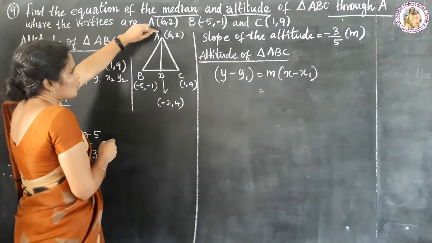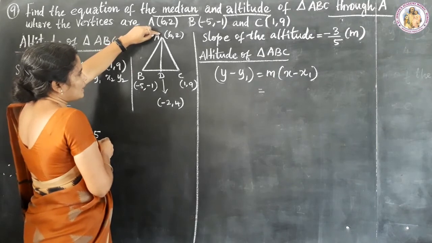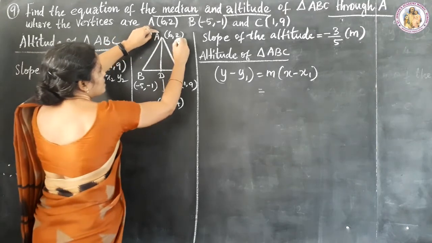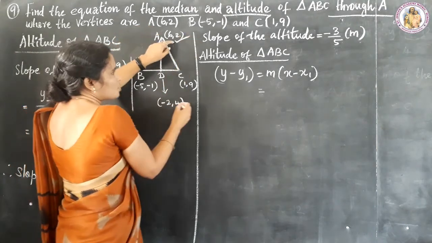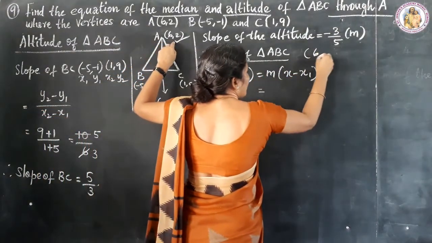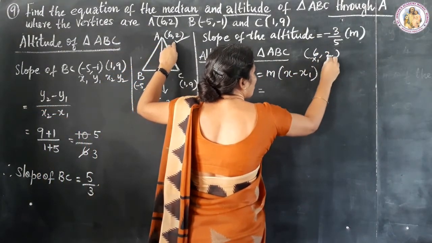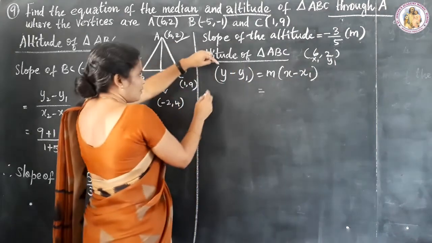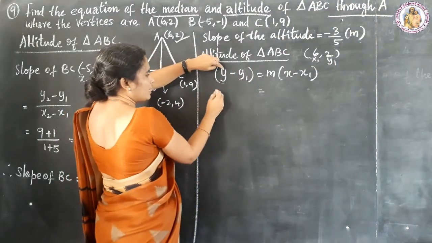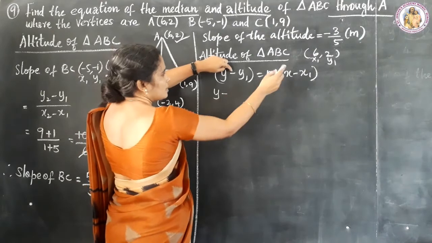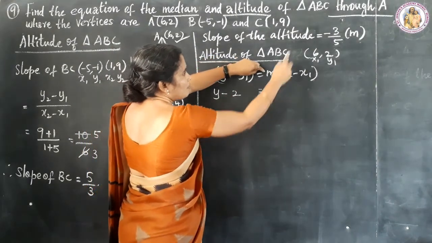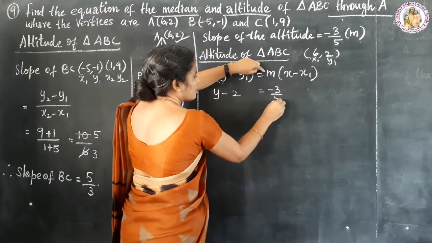Here the point A is (6, 2) as x1, y1, and m is minus 3 by 5.